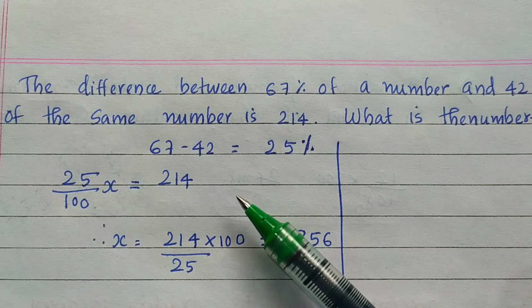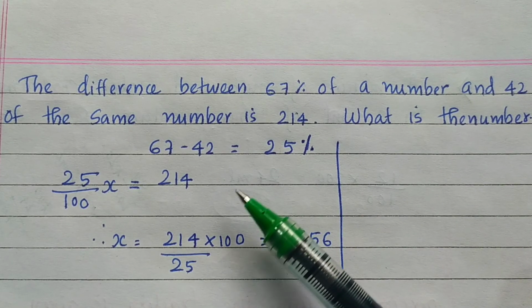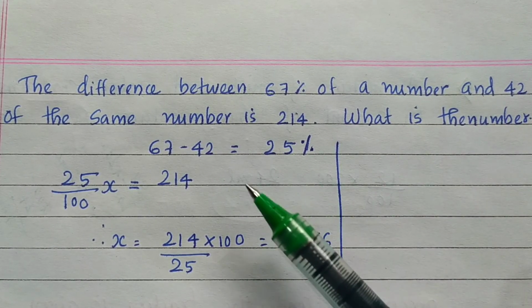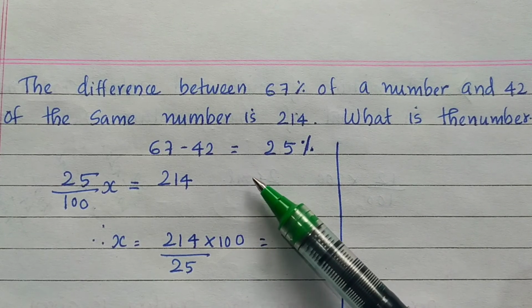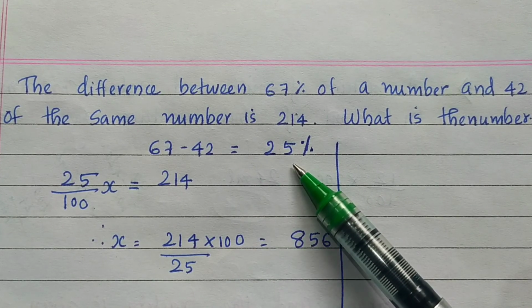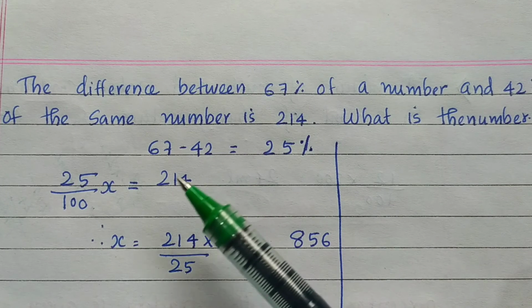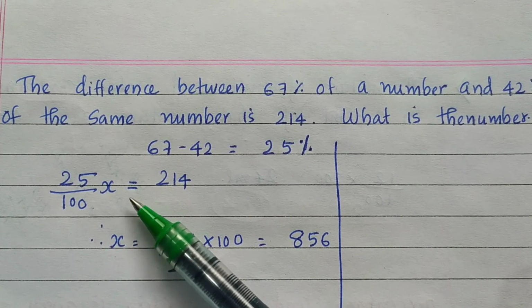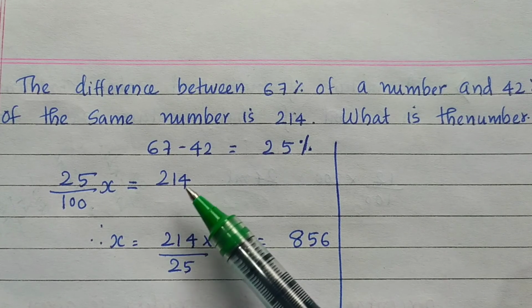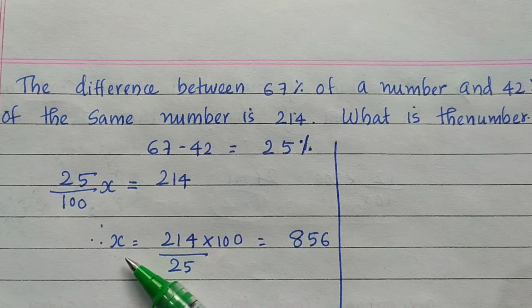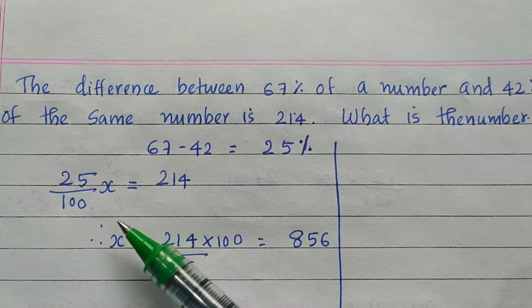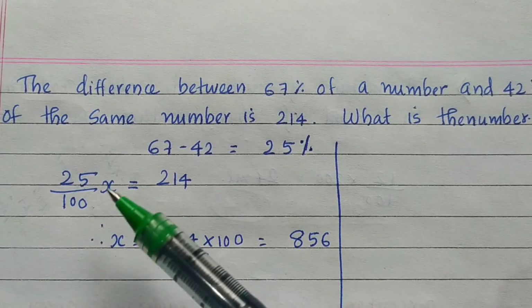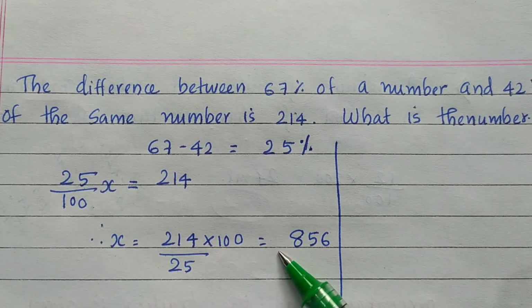So we just have to find the difference between 67 and 42. 67 minus 42, which is equal to 25 percentage. We are getting 25 percentage. So 25 per 100 into total number, which is equal to 214. So x is equal to 214 into 100 divided by 25, which is equal to 856.